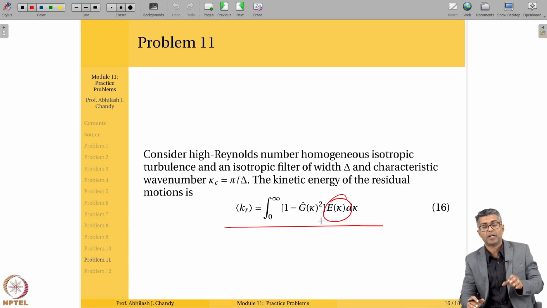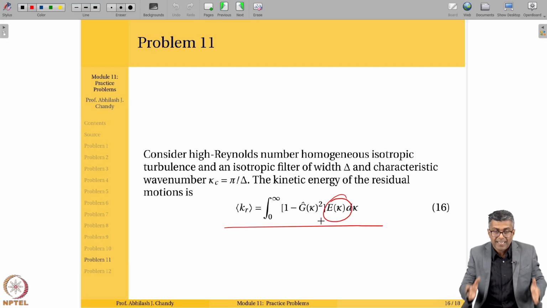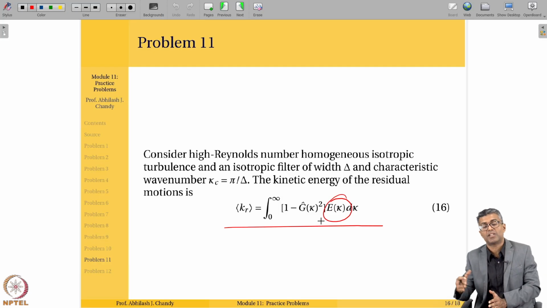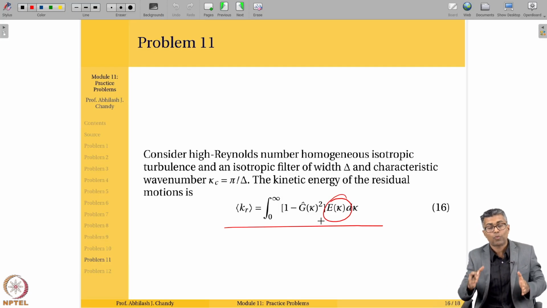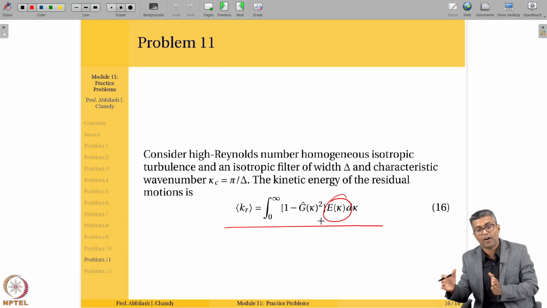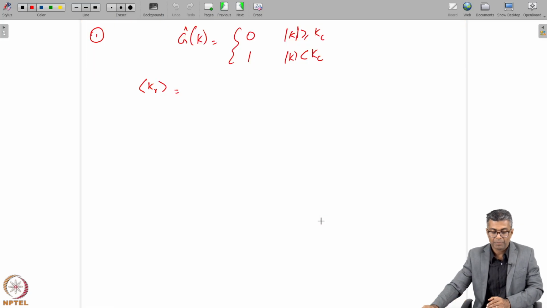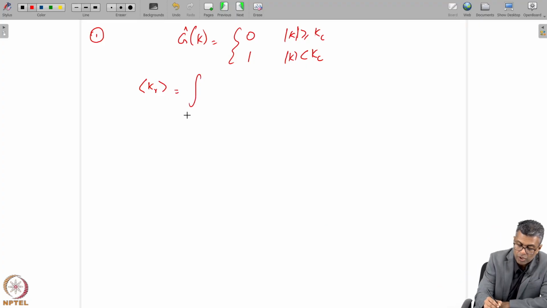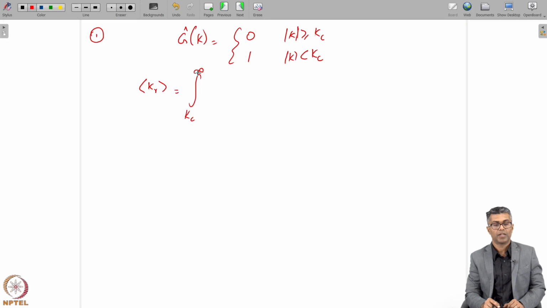G hat of kappa is 1 until kappa c, and after kappa c it is 0. So when I take 1 minus g hat squared, I am taking everything after kappa c. So my integral is going to go from kappa c to infinity, isn't it?